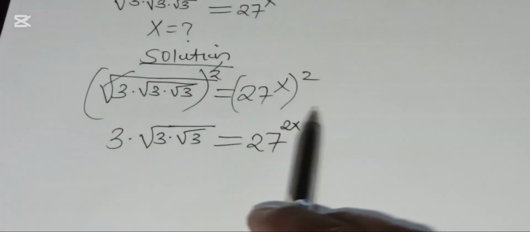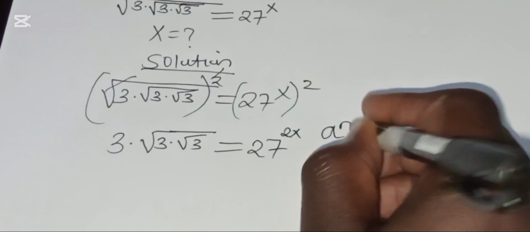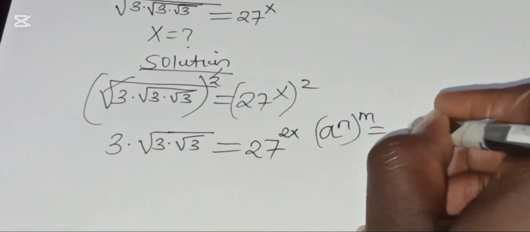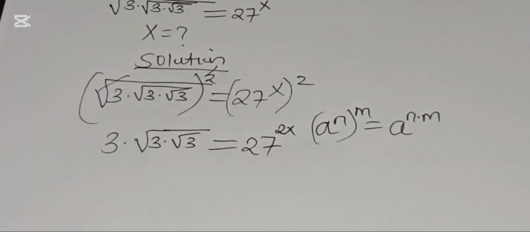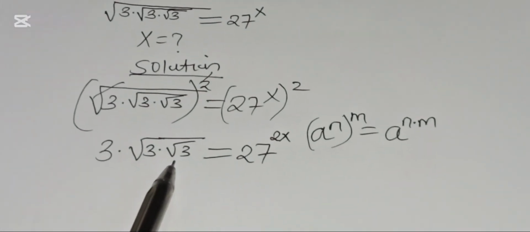So we are able to multiply x times 2, applying the indices identity: if you have a raised to power n, multiplying by m, this can be expressed as a raised to power n multiplying by m. Now from here we proceed again.